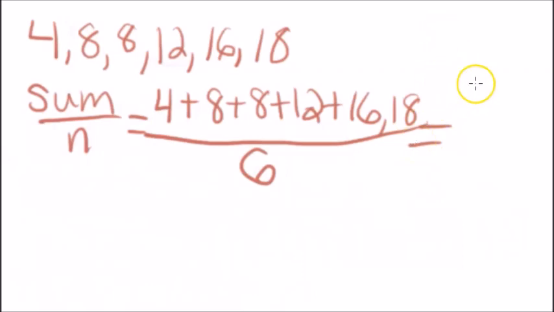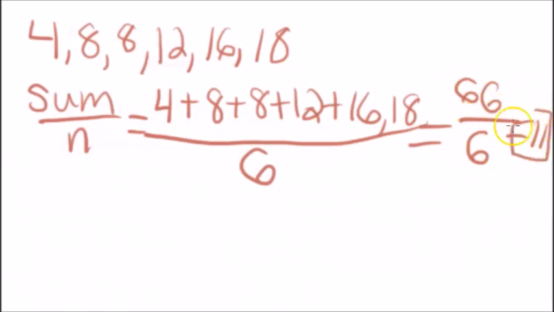So the sum of this data set is 66 over 6, which equals 11. So then 11 is going to be our mean.